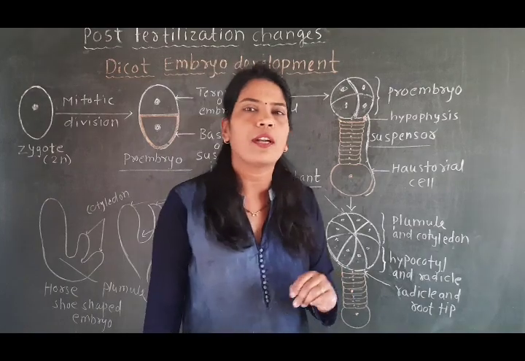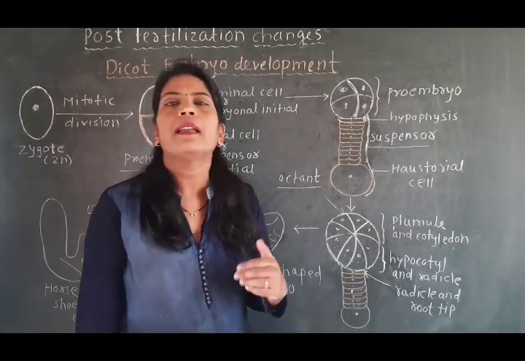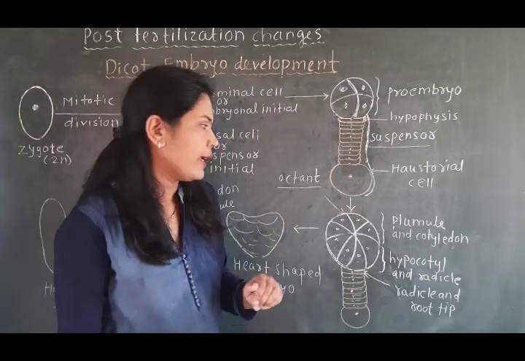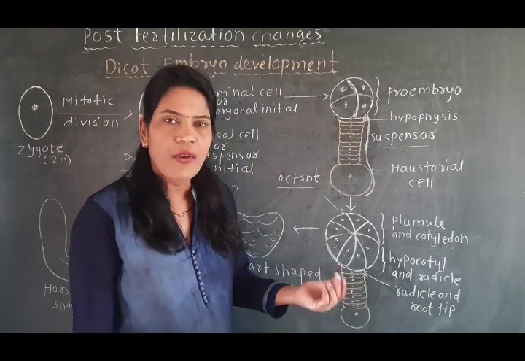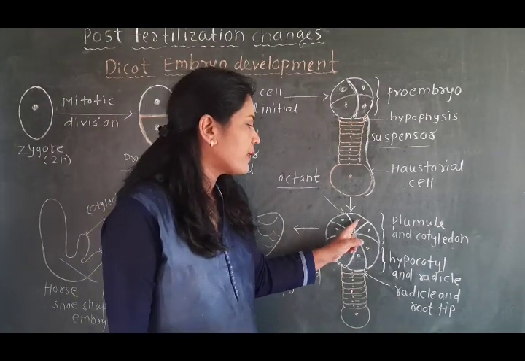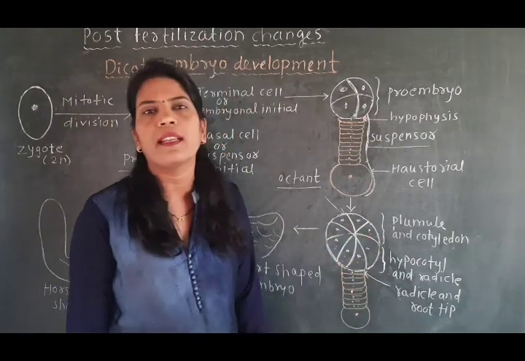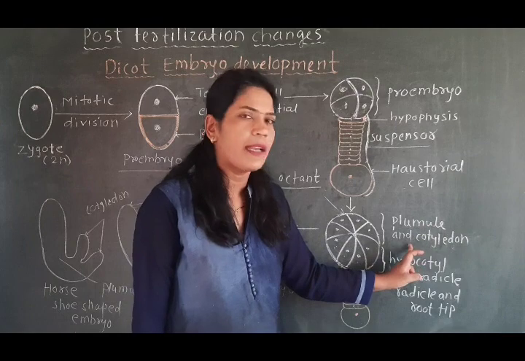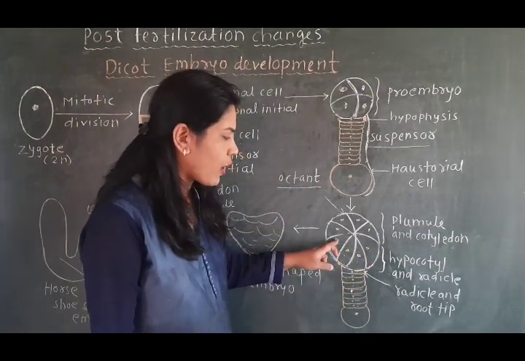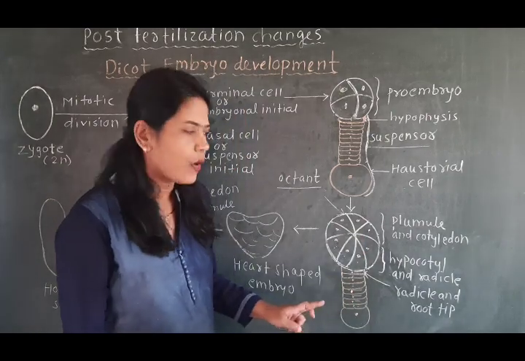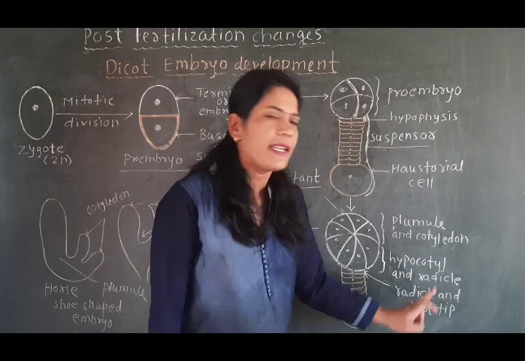In dicot embryos there are 2 cotyledons, and cotyledons also function like the endosperm; they also give nutrition to the embryo. That's why the plumule and cotyledons are formed from the upper 4 cells of the octant stage. And the lower 4 cells of the octant form the hypocotyl and radicle.